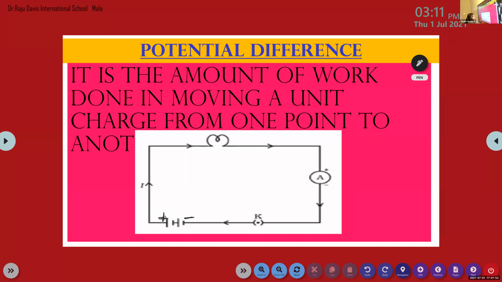So to bring a charge from the positive terminal to the negative terminal, we have to do some work. The amount of work to bring the charge from the positive terminal to the negative terminal of a circuit is known as potential difference, or electric potential or voltage.